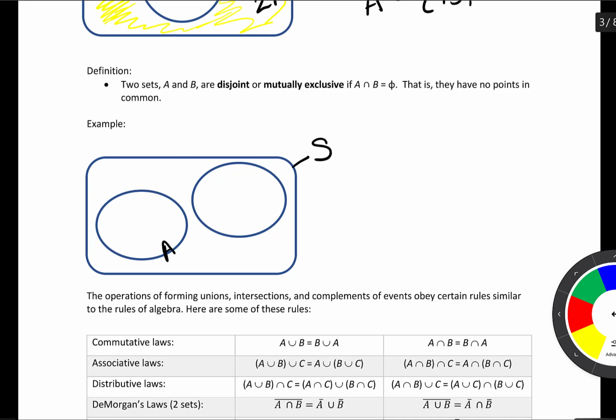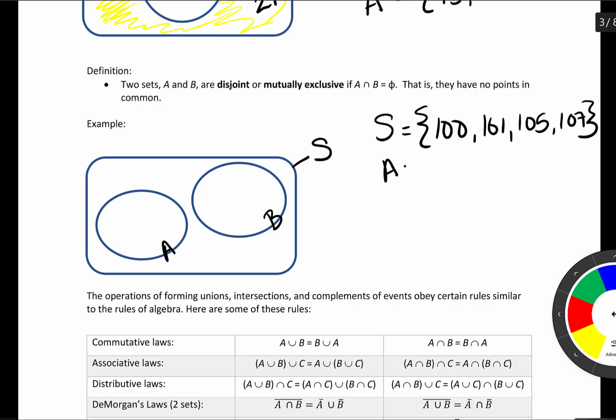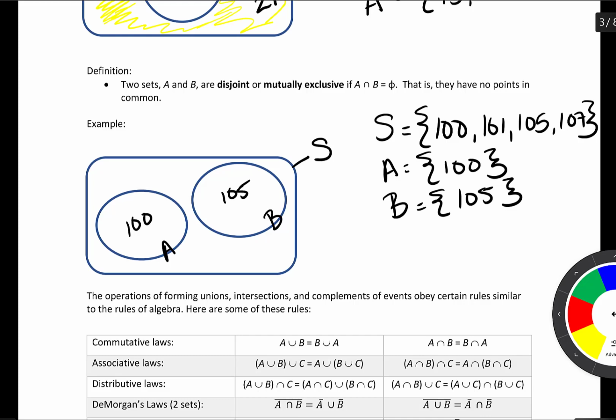We'll let this one be A and this one be B. If S is the set 100, 101, 105, and 107, and A has a single element, which is 100, and B consists of a single element, which is 105, notice there is no overlap between A and B. In other words, the intersection of A and B is equal to the null set. We draw this in our picture. We can see there is no overlap between A and B. And so A and B are disjoint or mutually exclusive.